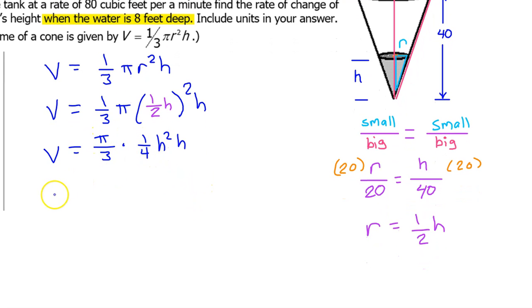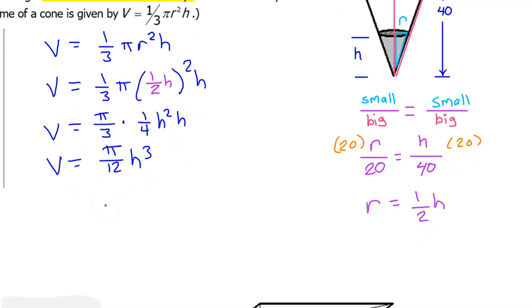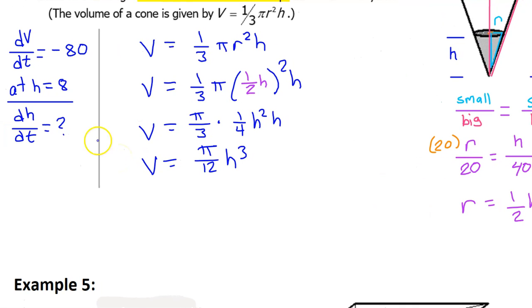So multiplying straight across, we have volume is equal to pi over 12, and then h cubed. So that is a much more simple volume formula. Let's go ahead and take the derivative of both sides with respect to t. On the left side, we will have dv dt.